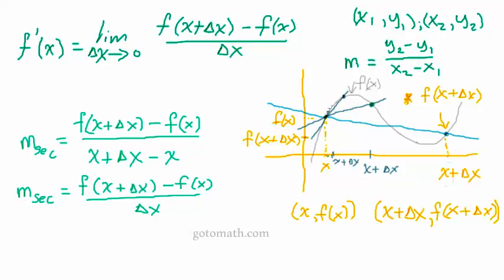What's happening is the secant line is converging towards what's called the tangent line. As delta x approaches 0, in other words, gets extremely close but never reaches x, I'm going to make this in red, we'll call this the tangent line. And so it converges towards becoming the tangent line.